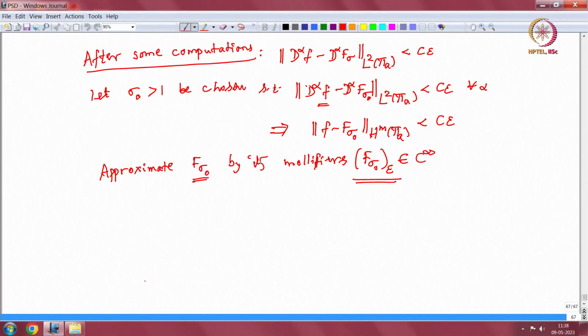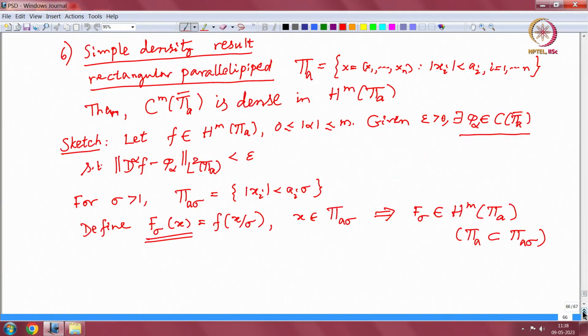We are trying to prove, for the spatial domain of a rectangular parallelepiped Pi a, that C^m, the set of all m times differentiable functions on the closure of Pi a, is dense in H^m of Pi.